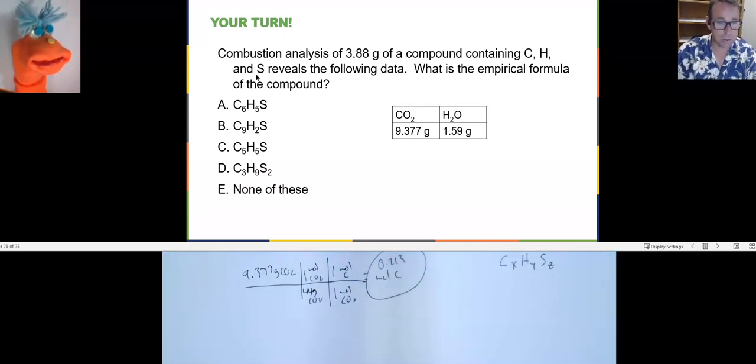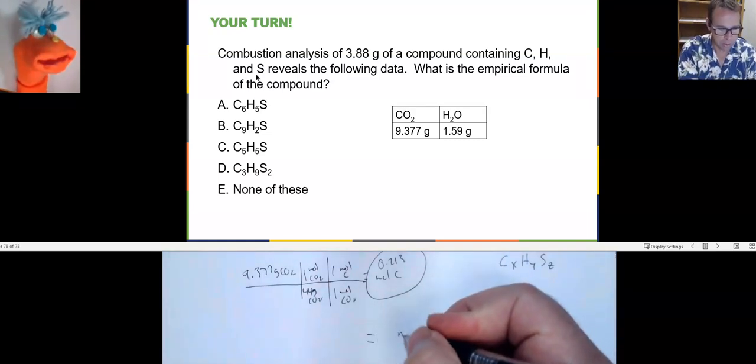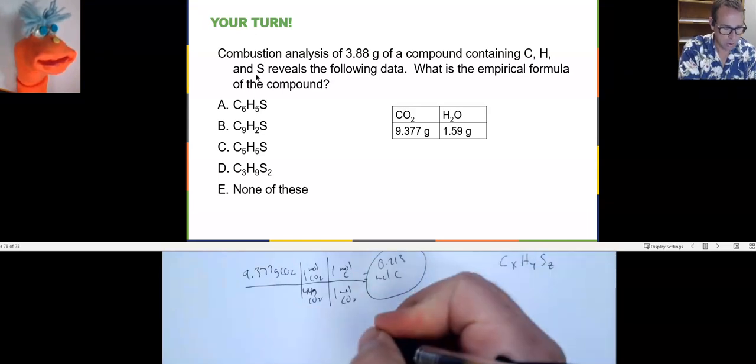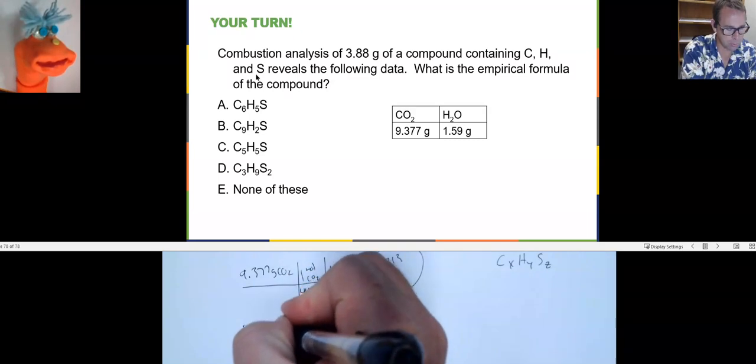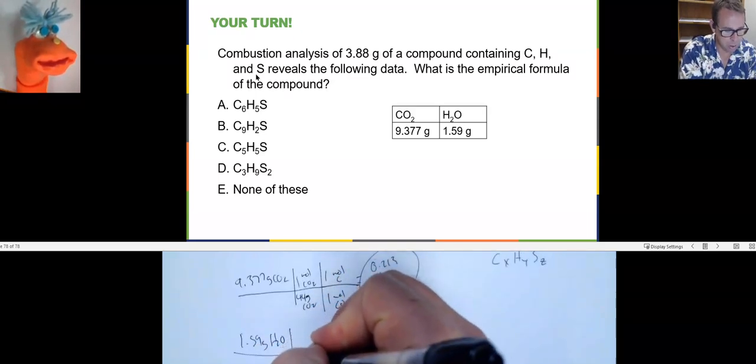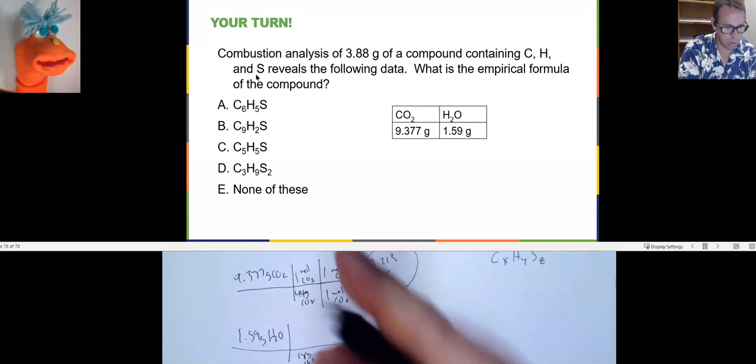moles of carbon. Okay, and then I do the same thing for the what? Hydrogen, the water. All right, so I want moles of hydrogen, and I start off with 1.59 grams of water. 18 grams of water for every 1 mole.